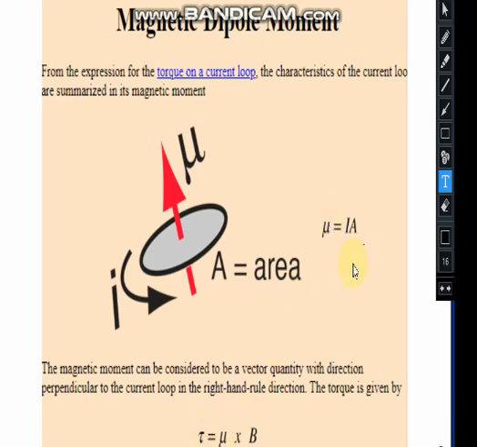Now this mu is equal to the product of I and A, so the torque would be equal to I times A into the magnetic field B into sine of theta.